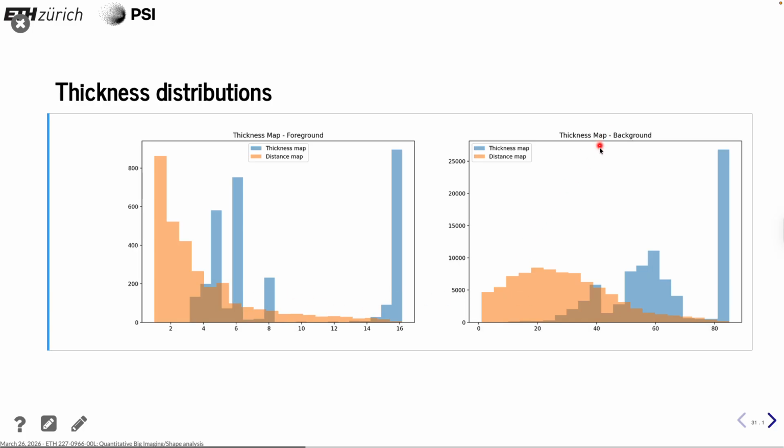In the background, you can also see that the distance map has a tendency towards the low values, whereas the thickness map again clusters to some bigger clusters, and there is a huge one here apparently. So that can help you to identify where you have large regions, or if you have different types of regions in your image. But that is something we are going to talk about next week as well.